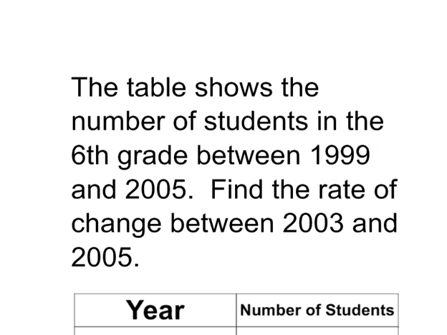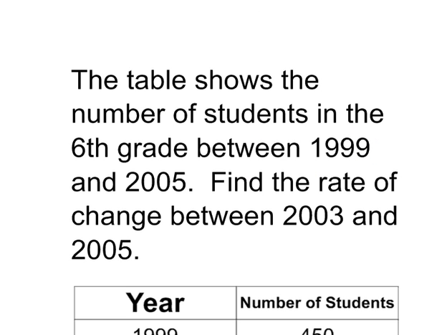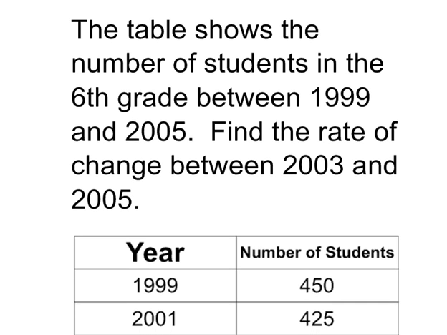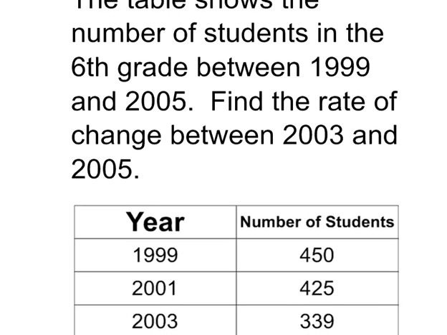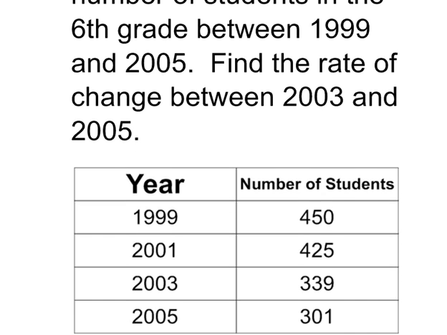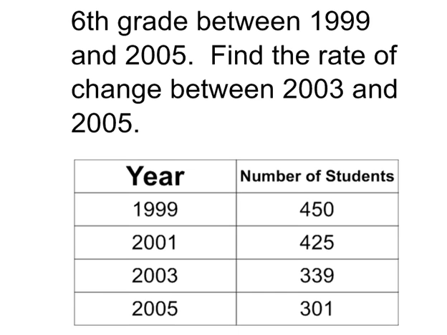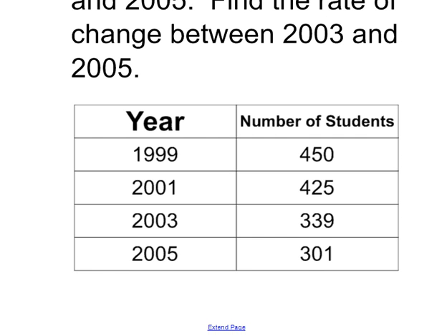The table below shows the number of students in 6th grade between 1999 and 2005. Find the rate of change between 2003 and 2005. Well, in 2003, there were 339. In 2005, there were 301.